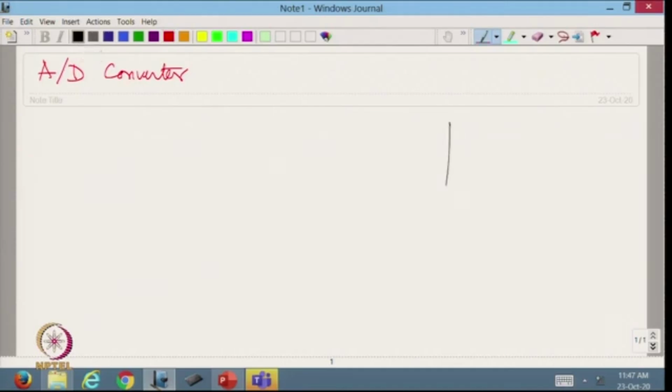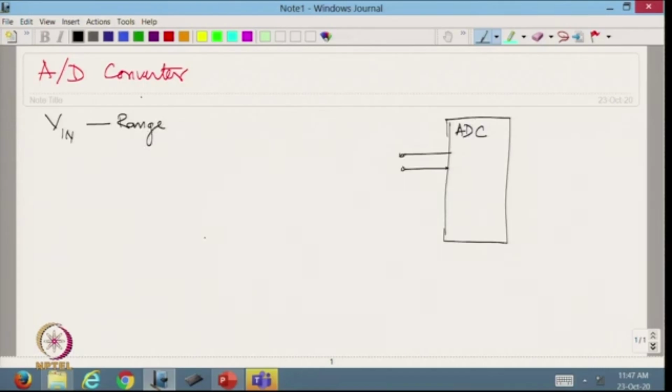So, what it does is, there is electronics in this thing, hardware stuff, into which we input a signal. So, this is the V input signal to the A to D converter, and each A to D converter is designed to take the V input signal over a certain range.